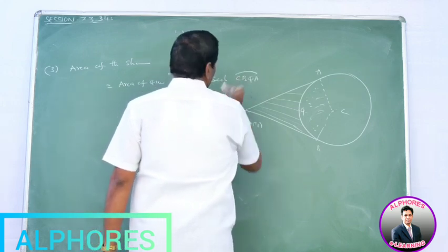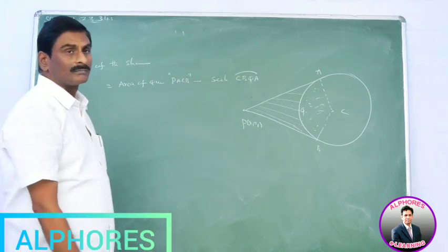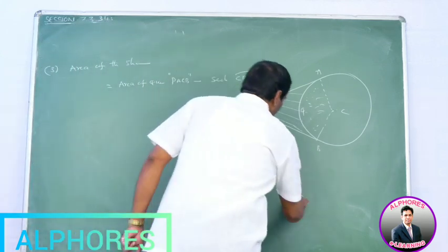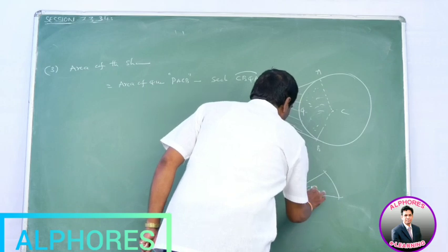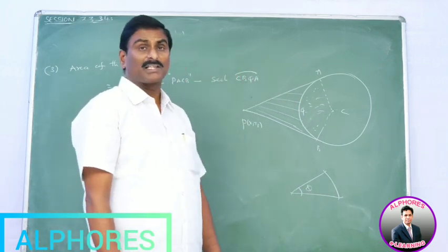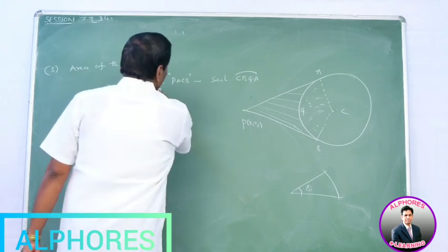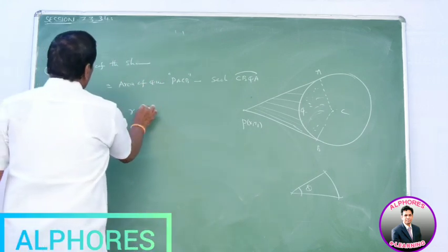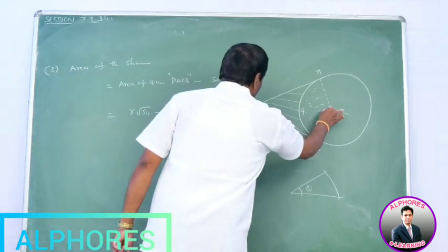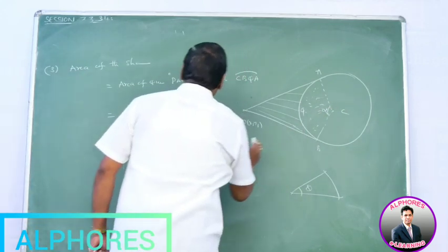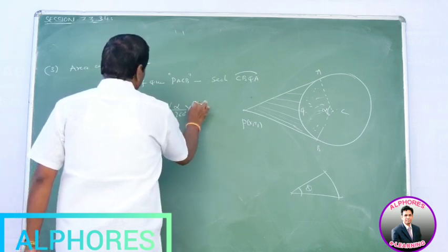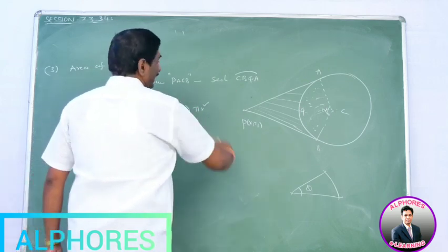Area of the sector CBQA. Area of the sector is nothing but, suppose the sector angle is theta, what is the area of the sector? Theta by 360 into pi r square. Already the area of the quadrilateral is r into root s11 minus, say this sector angle is alpha. So alpha by 360 into pi r square. This sector area.